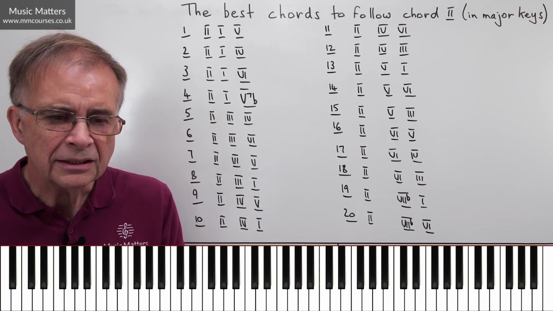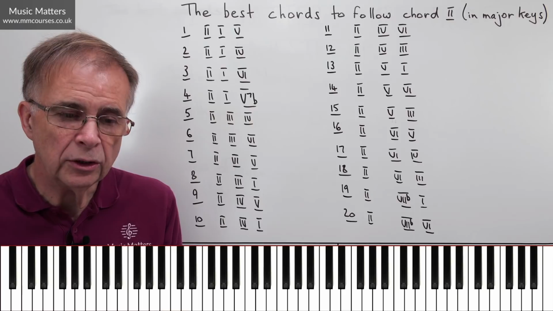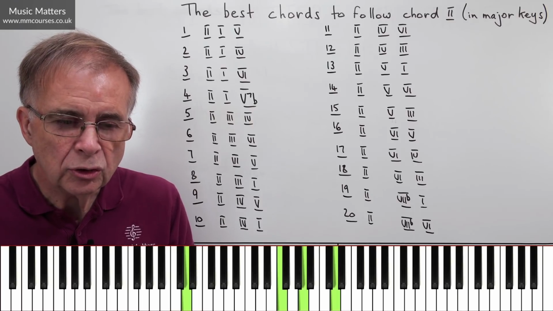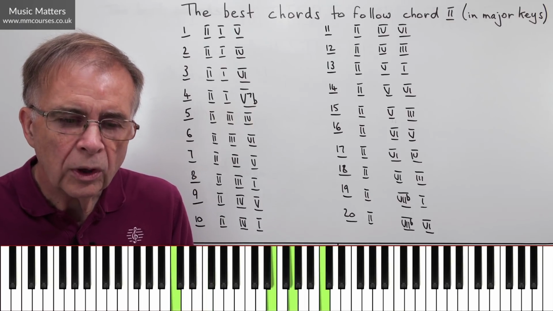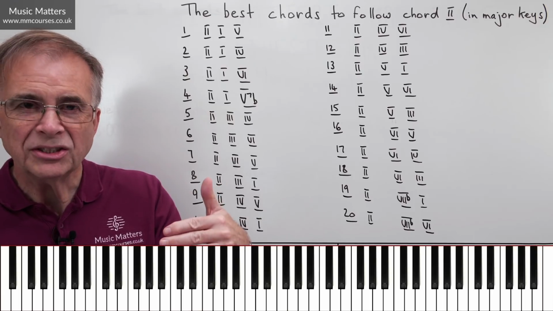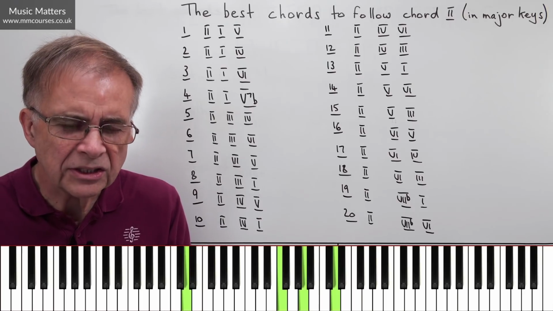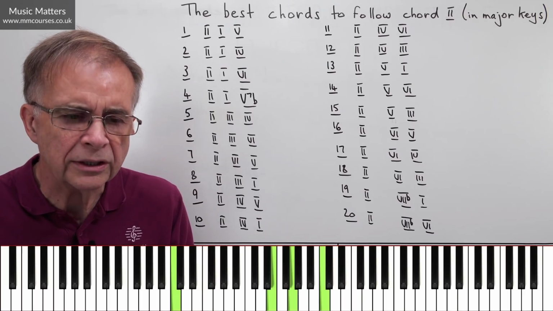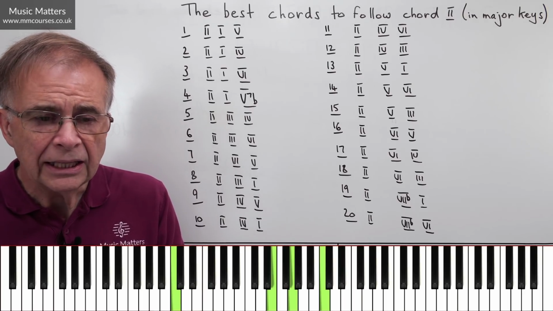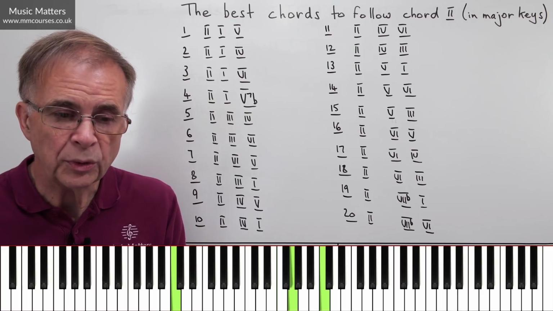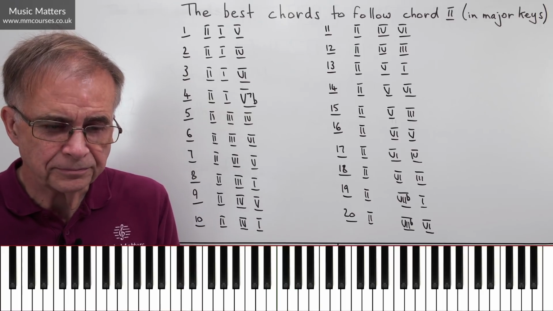Option number 10, very similar, but 2 to 4, going on to 1 this time. So 2, 4, 1. And again, C is a common note between 4 and 1, so that works very well. And you've got common notes as well between 2 and 4, of course.